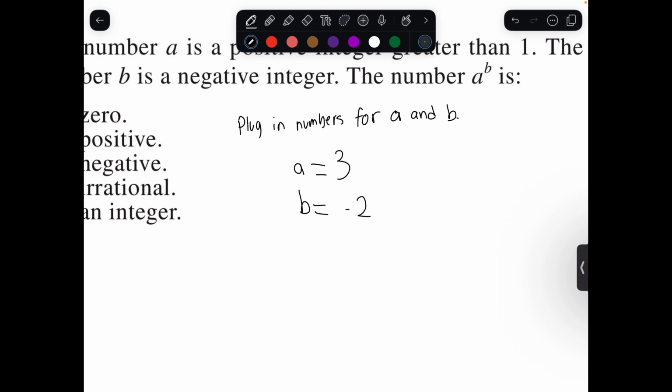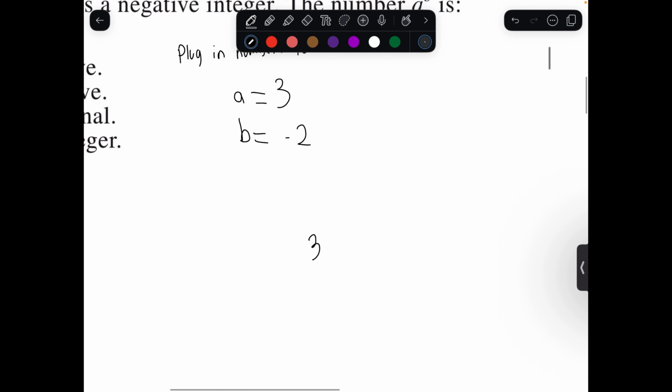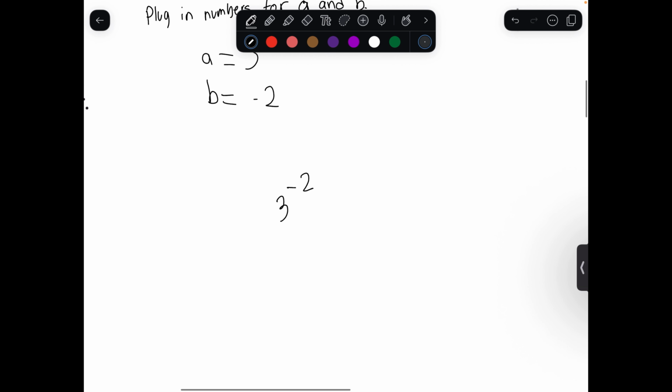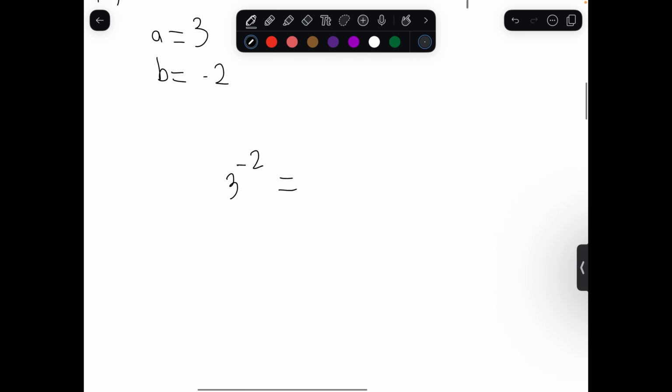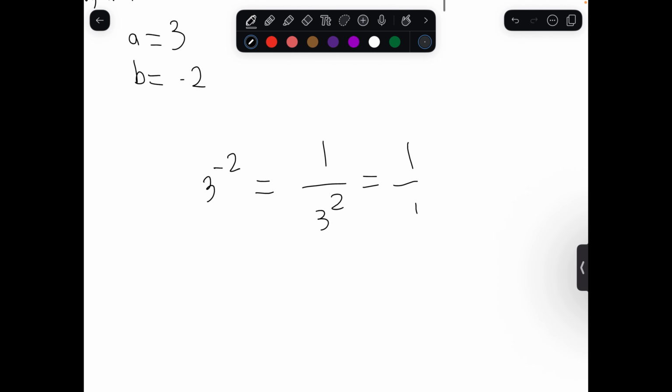And now it's asking us for the number a^b, a raised to the power of b. So that would be 3 raised to the power of -2. And remember, when you have something raised to a negative power, you just take the base and the exponent to the denominator. So this is just 1 over 3 raised to the power of 2. And you're going to get 1 over 9.